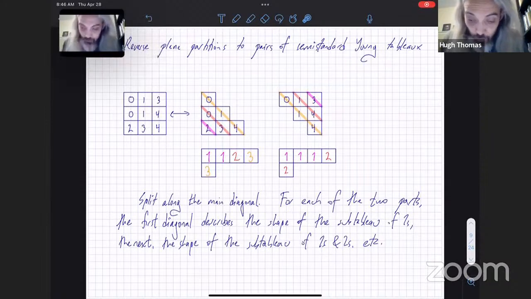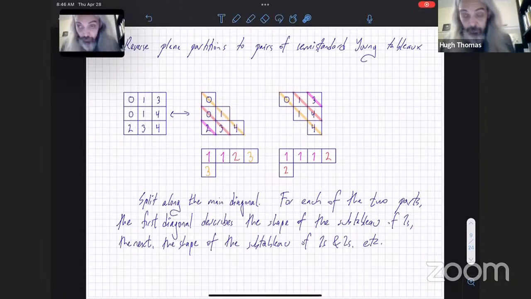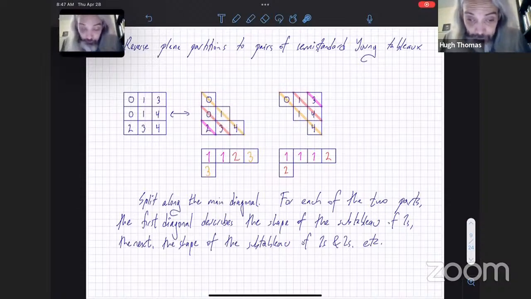So you can view this reverse plane partition as specifying a series of partitions, the first one having at most one part, the second one having at most two parts, and the third one having at most three parts. And the inequalities on the entries of the reverse plane partition are exactly such as to make this what is called a Gelfand-Tsetlin pattern.